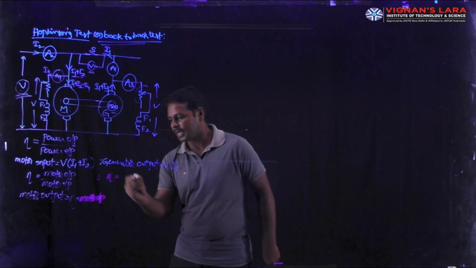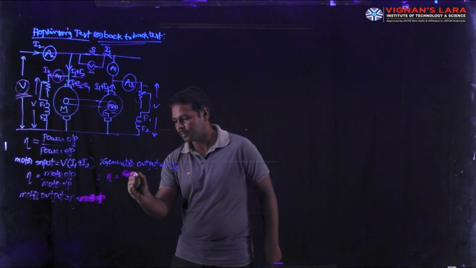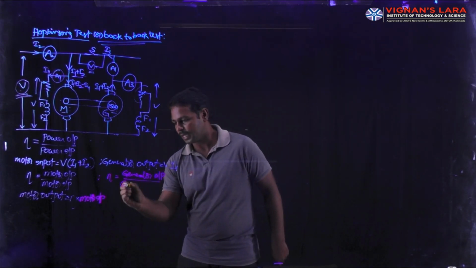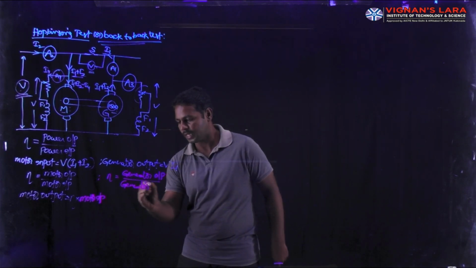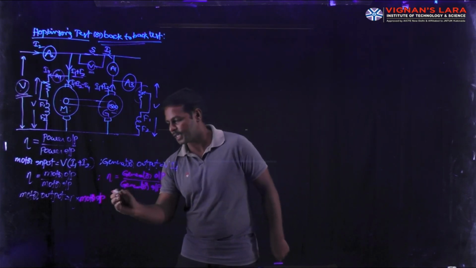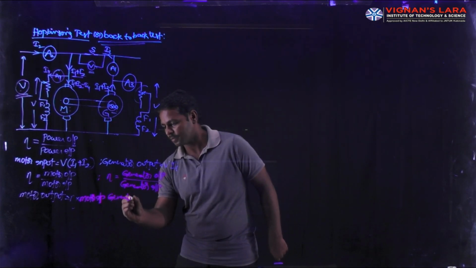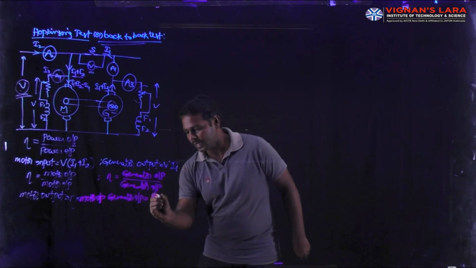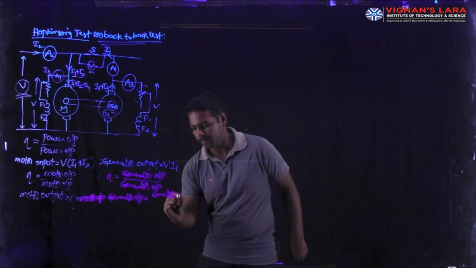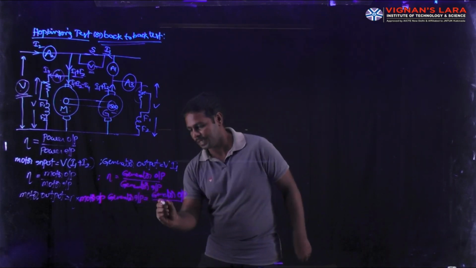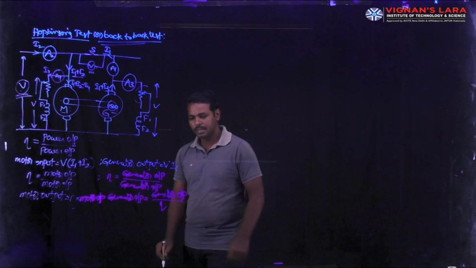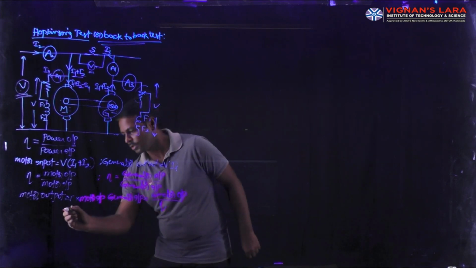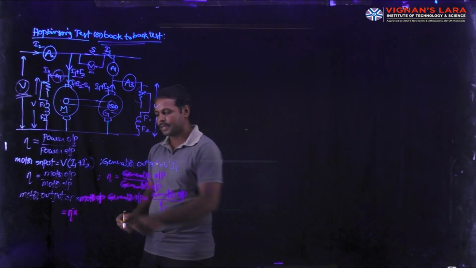Efficiency of a generator is equal to generator output divided by generator input. From this equation, generator input is equal to generator output divided by efficiency. So motor output is equal to efficiency multiplied with motor input.